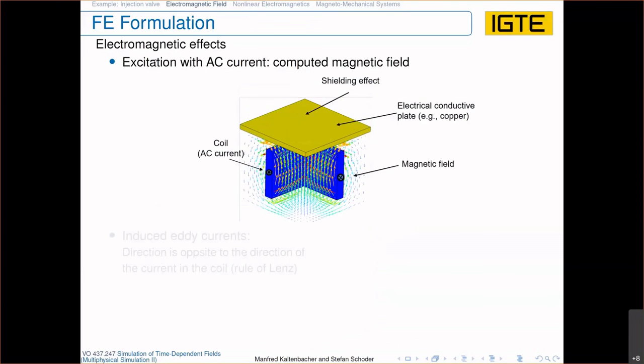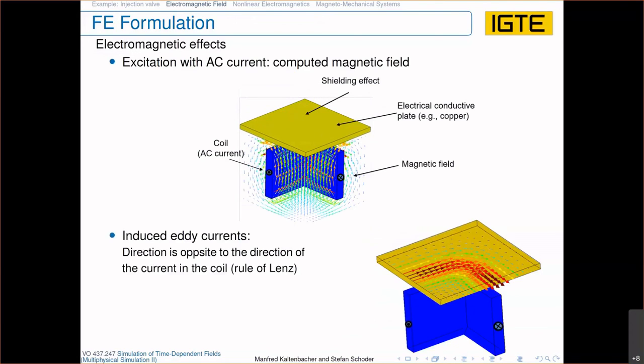So when you have any time changing current within the coil, then, as you see in this computation, you do not see really any magnetic fields above the copper plate, which is clear because, as you know, we induce eddy currents in the copper plate, and the eddy currents will also generate a magnetic field, but this will be opposite to the original field generated by the current in the coil. And that is, as you know, according to the rule of Lenz.